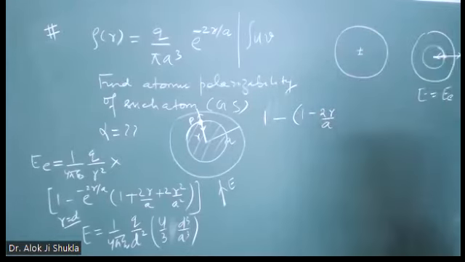What will be cancelled? Tell me quickly. 2r by a and 4r square upon a square, this is also cancelled, right?